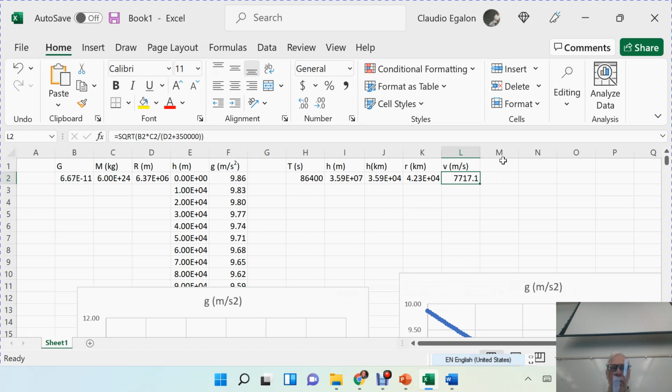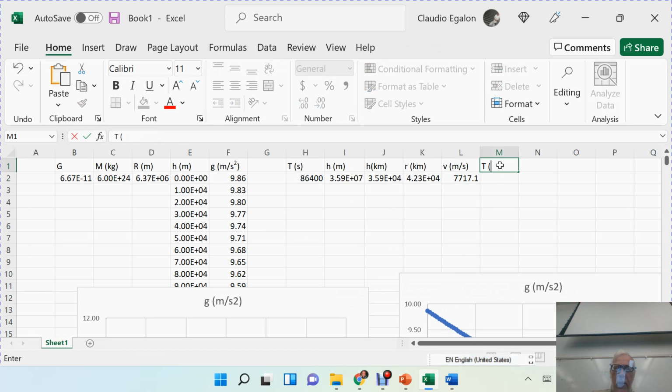Let's go to Excel. T here, in seconds. 2 pi, R. Here you go. That's not the one we want. Let's see.